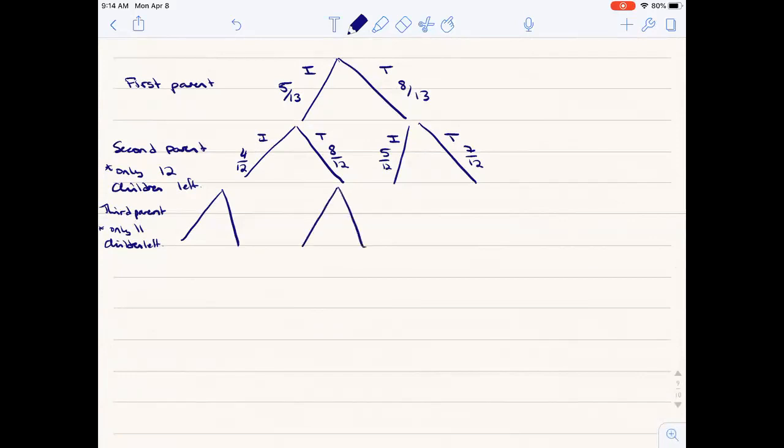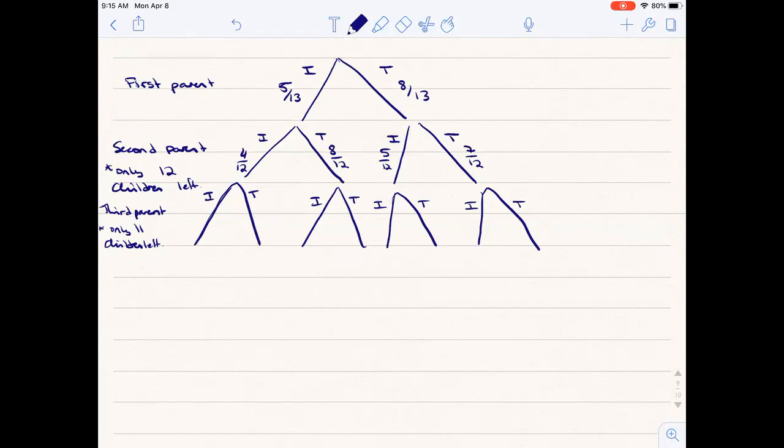So each of these branches gets their own set of branches. And it's either an infant or a toddler, an infant or a toddler, an infant or a toddler, an infant or a toddler. Doesn't help that I's and T's kind of look similar.